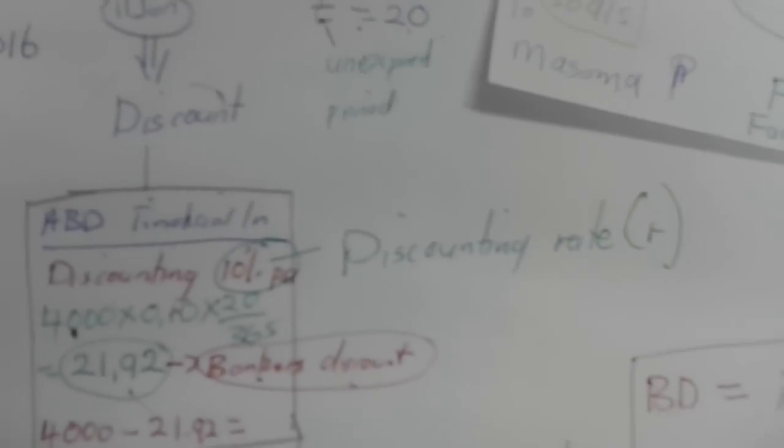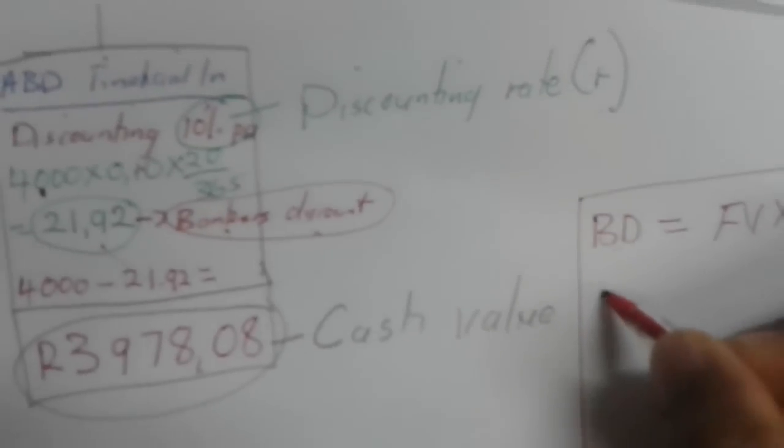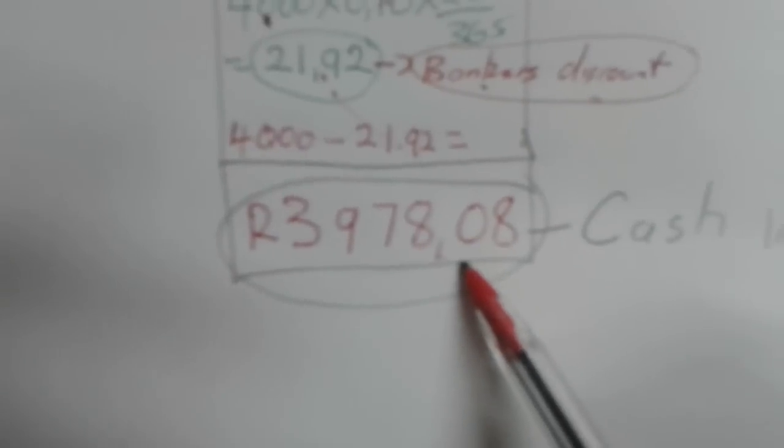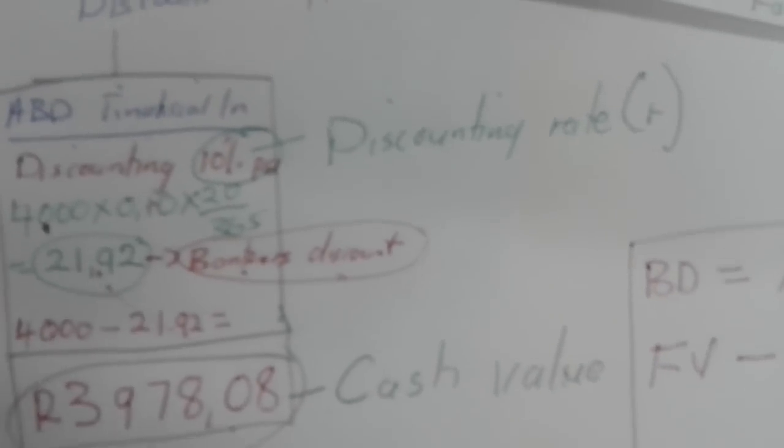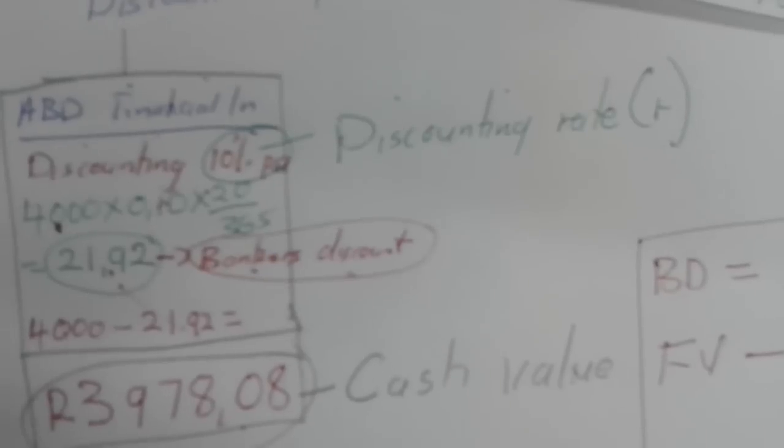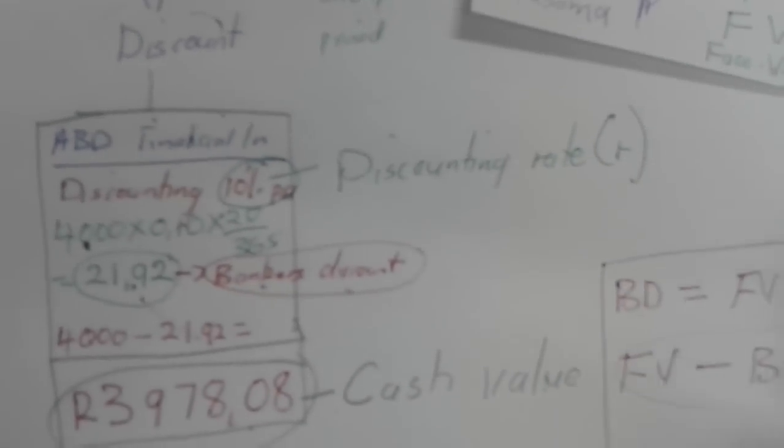And once you get the banker's discount, the face value minus the banker's discount gives you the cash value. Remember, with this formula, you can make anything the subject of the formula.